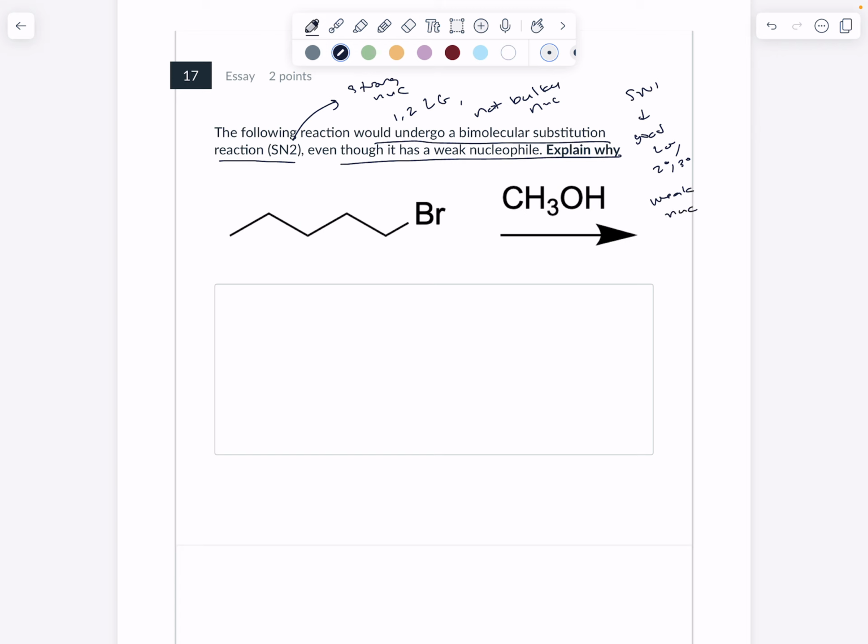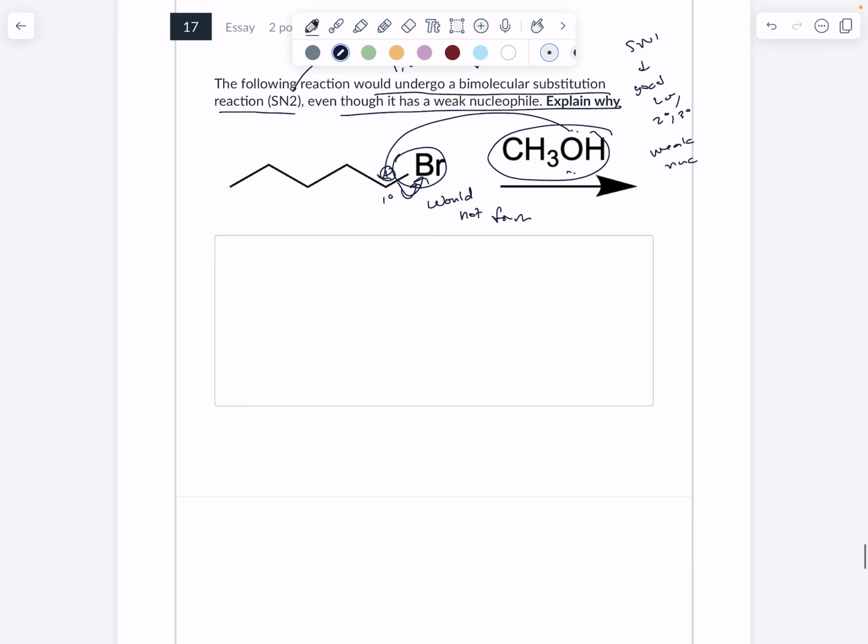So when I'm looking at this, this has a weak nucleophile, and it has a good leaving group, but the leaving group is on a primary carbon. So if it left, it would make a primary carbocation, which would not form. So it would be easier, even though it's unlikely, for the nucleophile to come in and attack and kick out the leaving group, rather than waiting for the leaving group to leave, because that's just not going to happen.